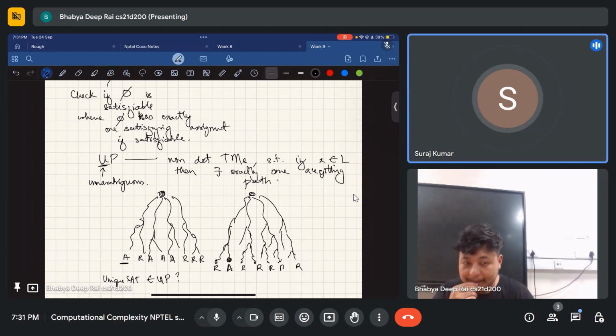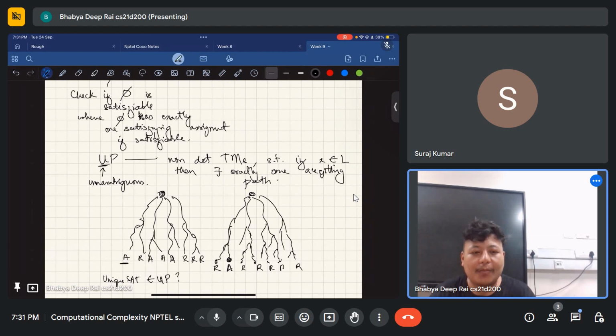NP means we guess and verify. Let's say you do the same for unique SAT. But what is the special property of unique SAT? It's a promise problem. Yes.